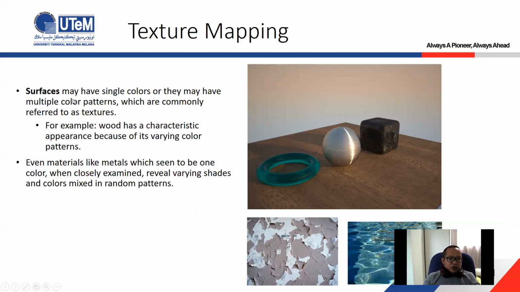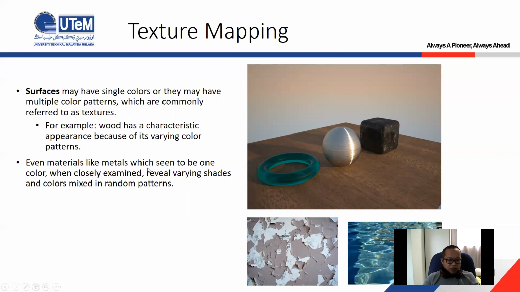Surfaces may have a single color or they may have a multiple color pattern, which is commonly referred to as a texture. Here, for example, is texture, lighting, and coloring in rendering, and also material.